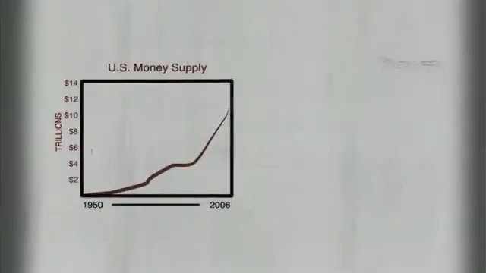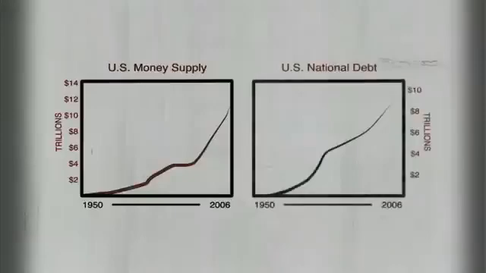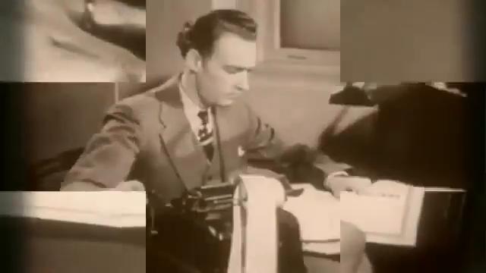For in our financial system, money is debt. And debt is money. Here is a chart of the U.S. money supply from 1950 to 2006. Here is a chart of the U.S. national debt for the same period. How interesting it is that the trends are virtually the same. For the more money there is, the more debt there is.